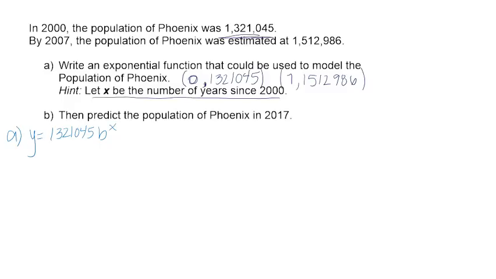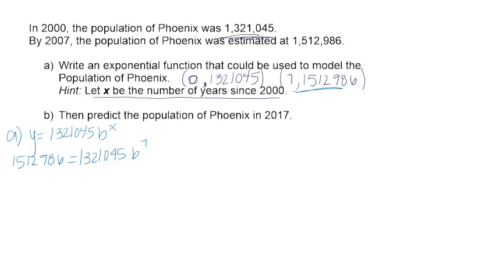I don't know what b is. I don't know what x and y are, but I do have an xy point that I can plug in. So I'd have 1,512,986 is equal to 1,321,045 times b to the 7th power.